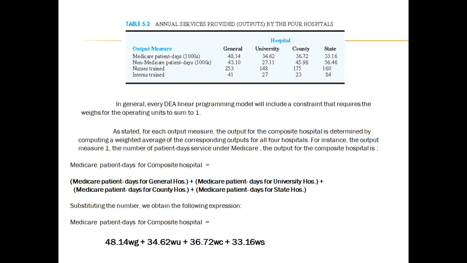Substituting the numbers that we have, we obtain the following expression for the Medicare patient days: 48.14 WG + 34.62 WU + 36.72 WC + 33.16 WS.